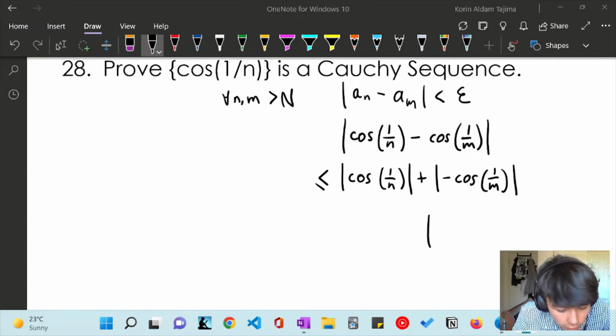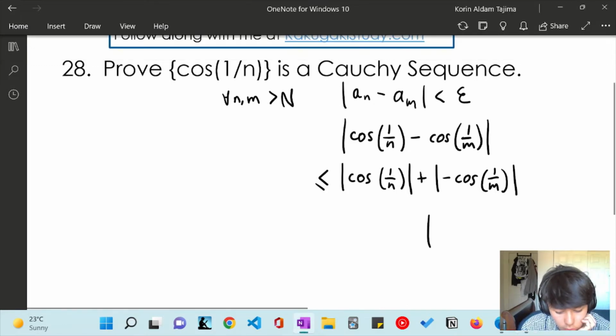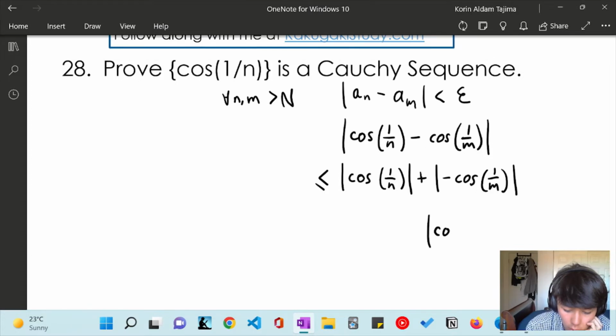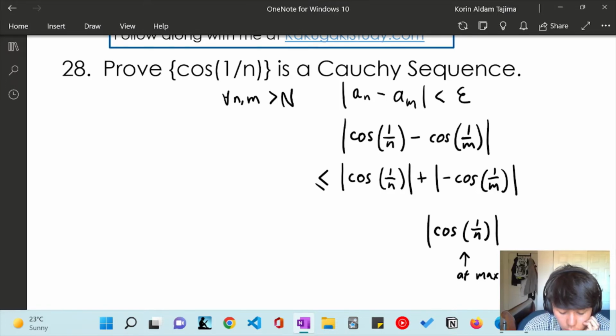Okay, so I think I may have got it. Let's try this. So you've got cosine of 1 over n. Take the absolute value of that. That can, at max, be equal to 1.